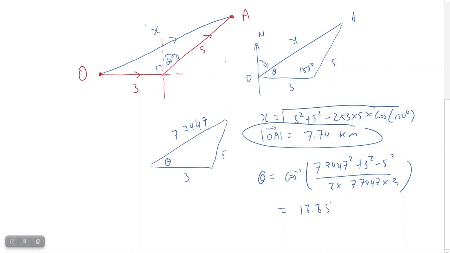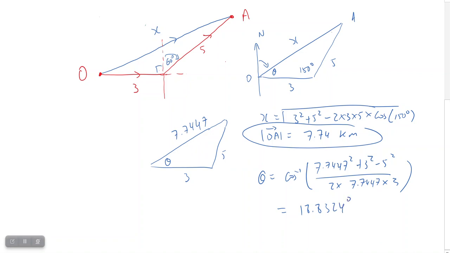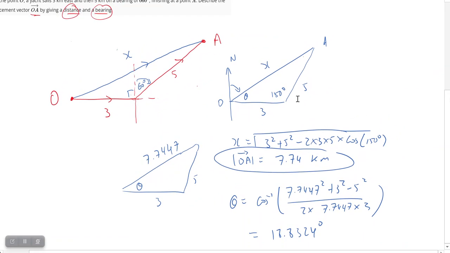We're not done, because that's not the bearing. The bearing would be 90 minus that, because you want the bearing from here to here, not just the angle on the side of the triangle.